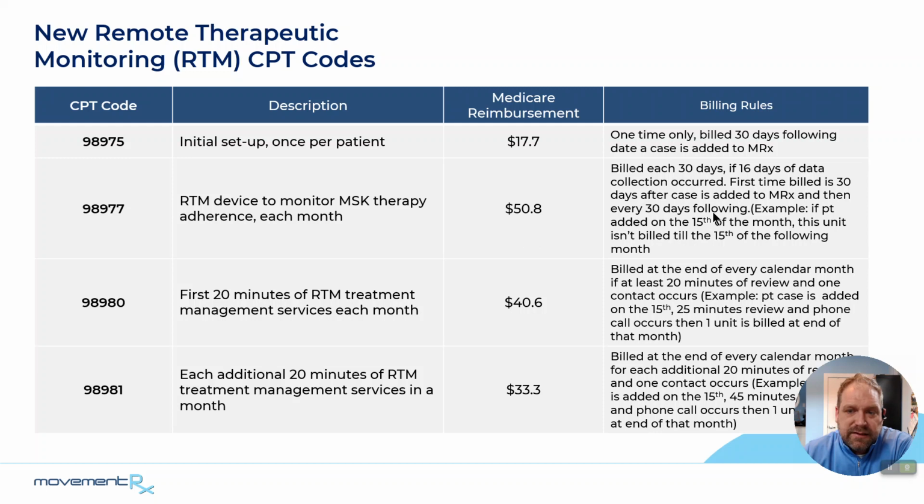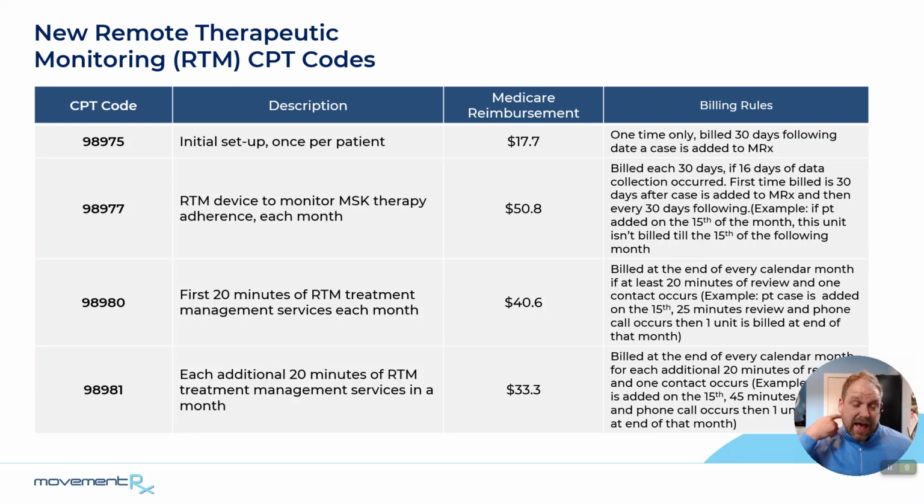Now, that is really just for the patient or client having access to the software program, and that software program is transmitting data back and forth. The rules state that there has to be 16 days of data collection that has occurred in that 30-day period of time. So the software system that you pick should be tracking data every day.